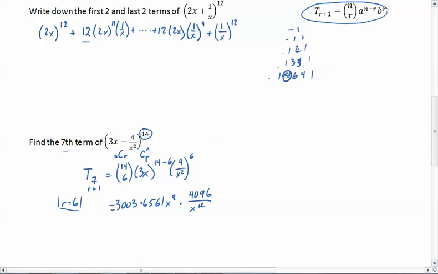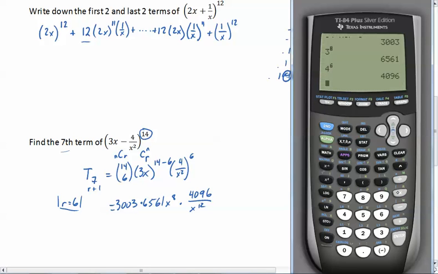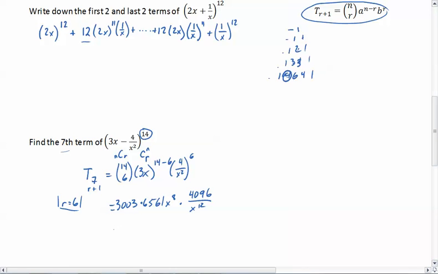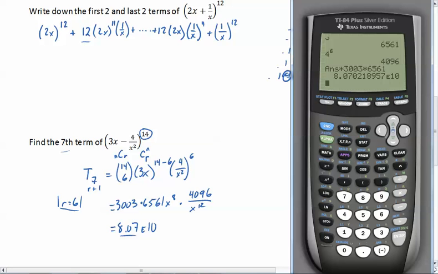We put all that together. So we've got 4096 times 3003 times 6561. This is obviously going to be a very large number, so 8.07 times 10 to the 10th, and it's fine to write it that way. 8.07 e to the 10th. Three digits is perfectly acceptable for any IB exam anyway.